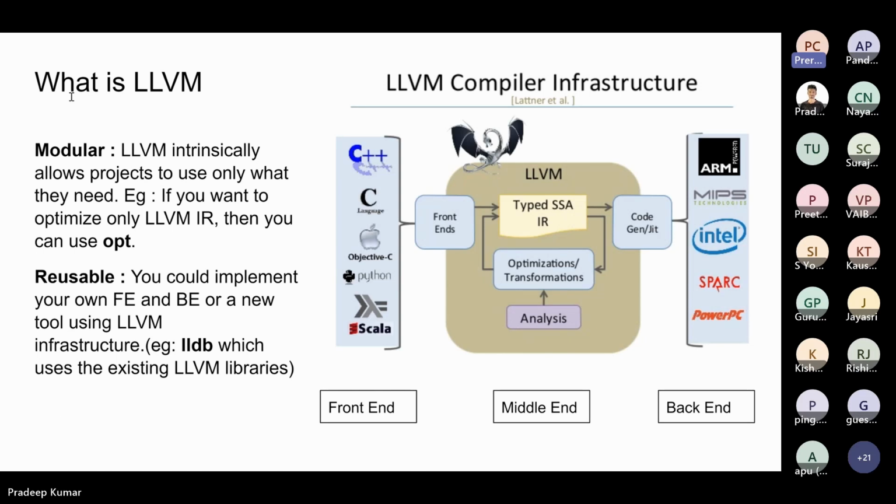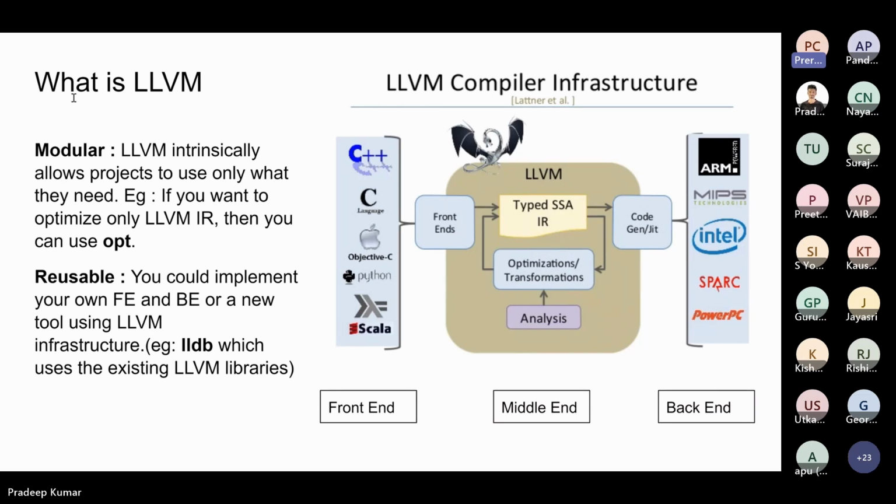The picture that you see on the RHS might be a little overwhelming for someone unknown. But what I wanted to show is that there are three boxes here: front end, middle end, and back end. In the first session, we understood that a compiler converts your high-level language into low-level language. But it does a lot more than that. From a very high level, we can divide it into three phases: front end, middle end, and back end.